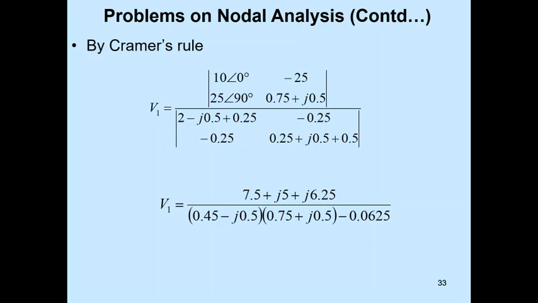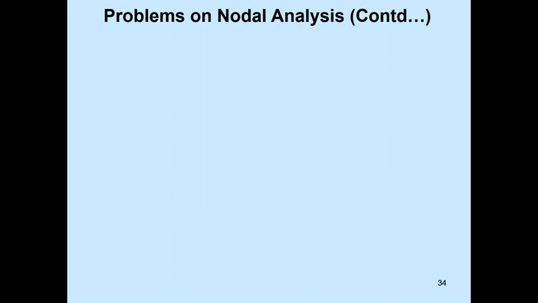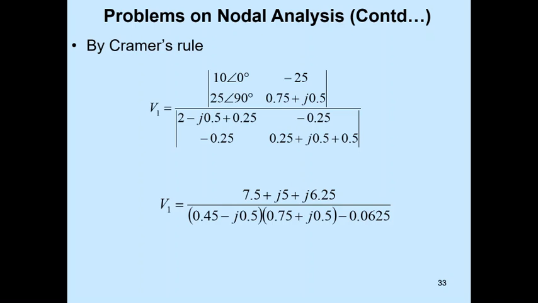So by solving this we are getting that V1 is equal to 7.5 plus J5 plus J6.25 divided by 0.45 minus J0.5 into 0.75 plus J0.5 minus of 0.0625.